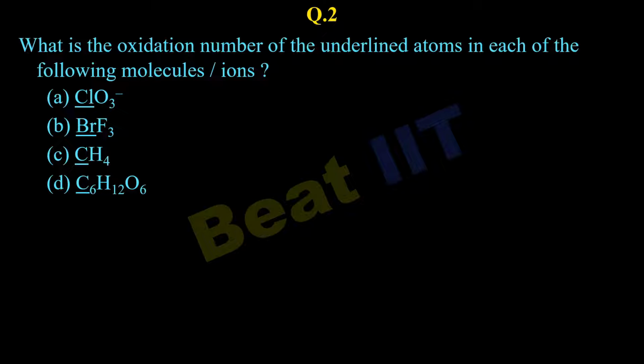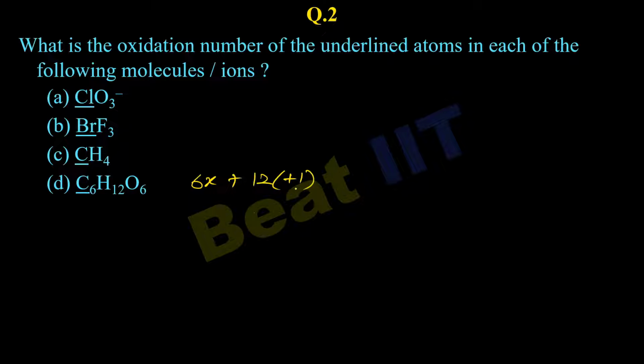Next, C6H12O6. This is the formula of glucose or fructose. Fructose also has the same formula, but the structure is different. You will study it in organic chemistry. The sum of all oxidation states here will be 0. We have to calculate that of carbon. Let it be X, but we have 6 carbons, so 6X plus 12 hydrogens.